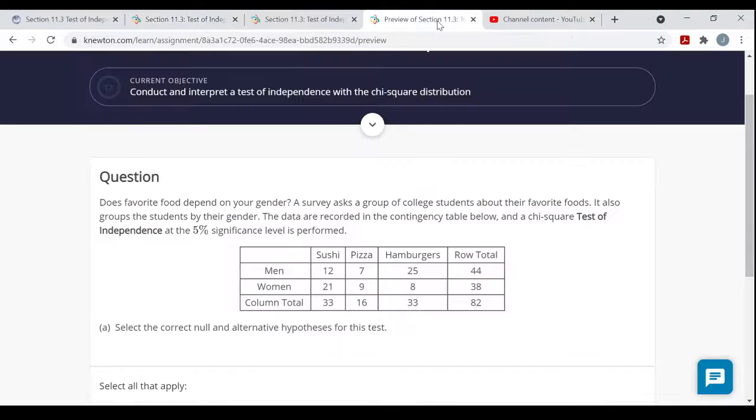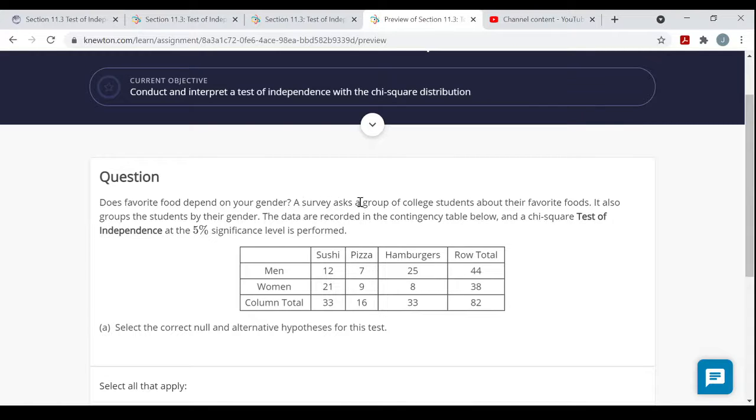Let's go to our problem. Question: does favorite food depend on your gender? So favorite food and gender are two variables here, two factors, and we're asking, are they dependent or independent of one another?